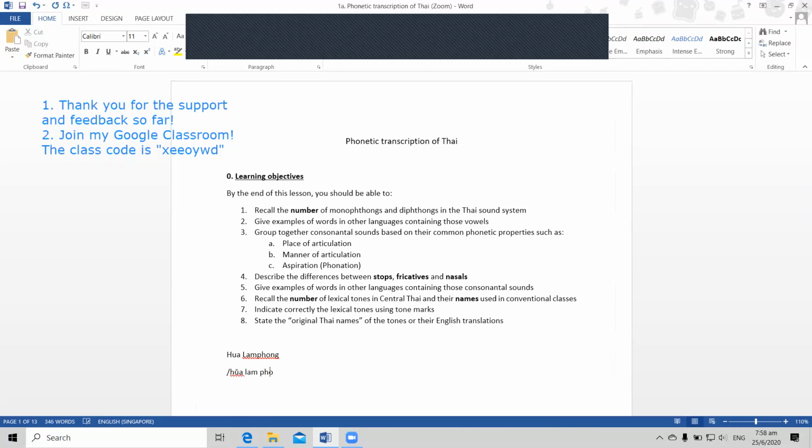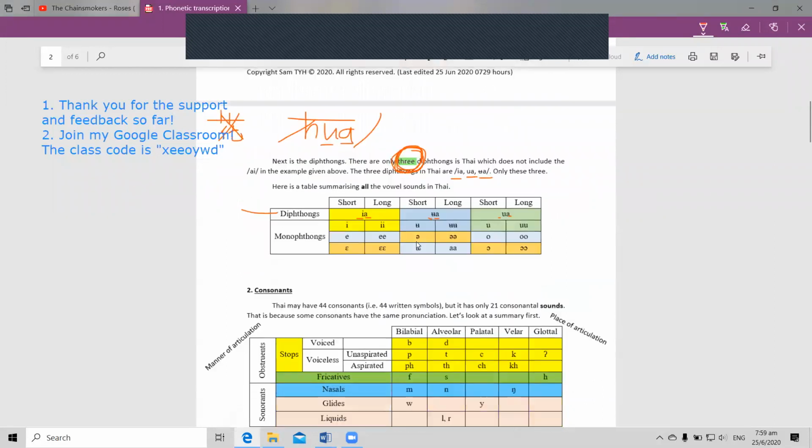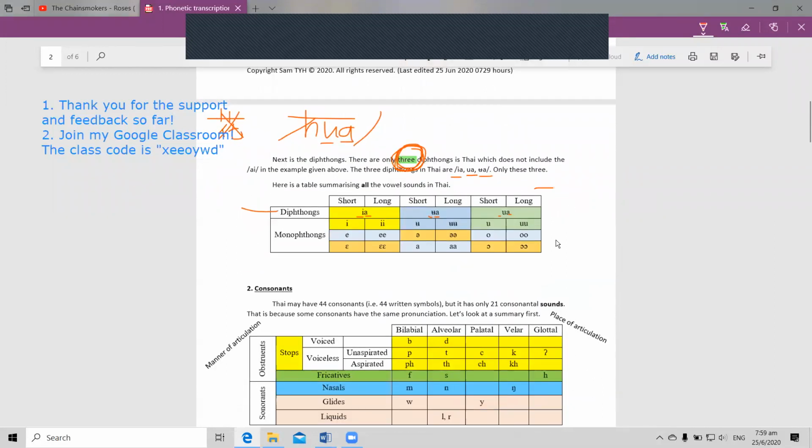Notice I don't rush it, I pronounce both vowels fully. So the main thing for diphthongs is to pronounce both vowels with equal time. Don't rush. Let me repeat all the vowels in Thai one more time.